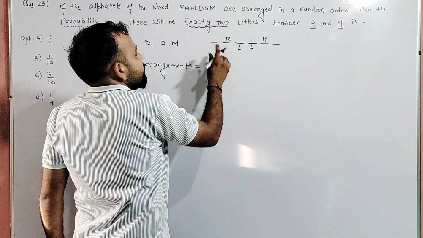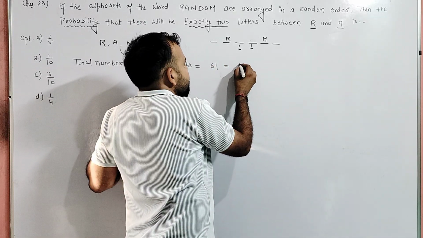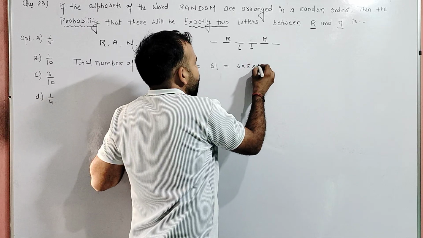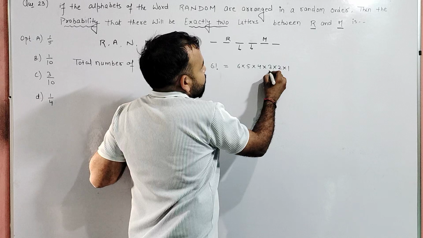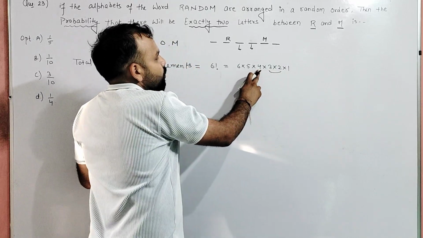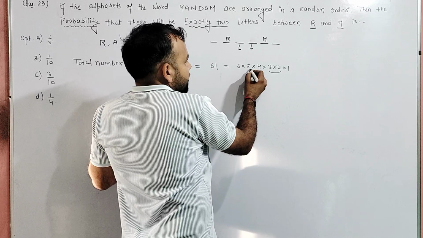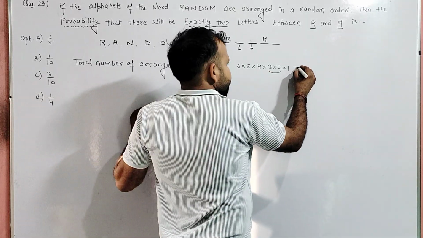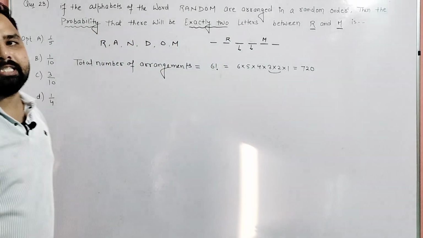We need to arrange these 6 letters in 6 factorial ways. That means 6 into 5 into 4 into 3 into 2 into 1, that is 720. Okay, student, these are 720 cases, total cases.